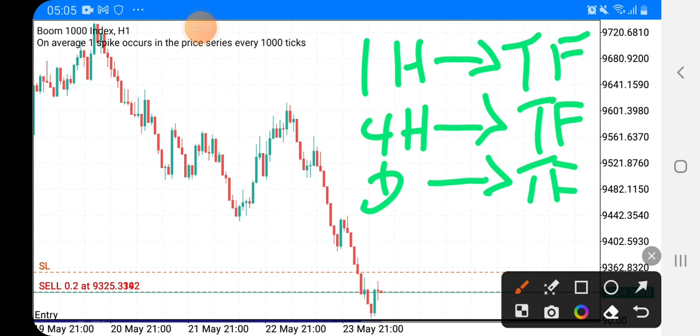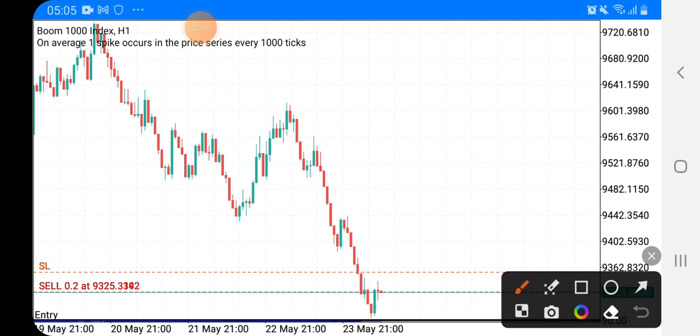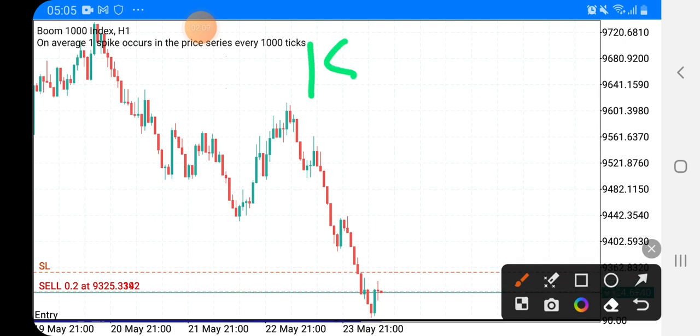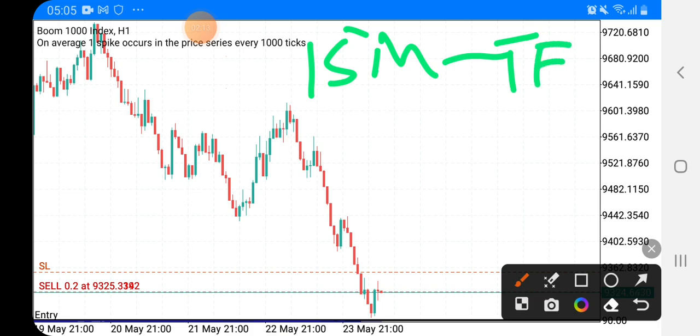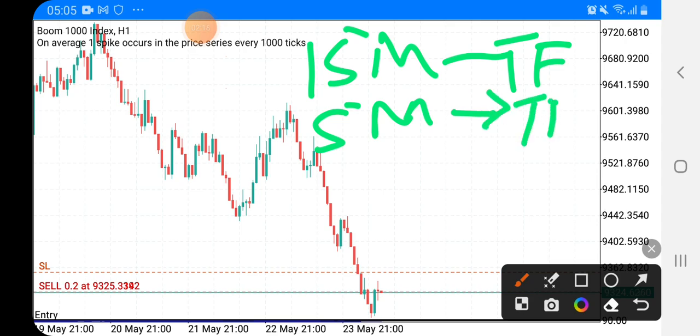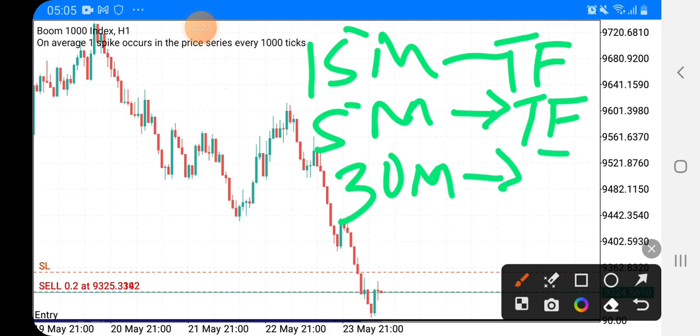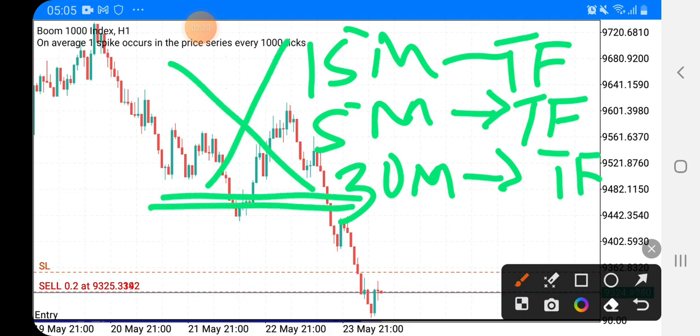You should never use maybe 15 minutes, or 5 minutes time frame, or maybe 30 minutes time frame for your candlestick pattern, guys. Please never use these time frames for candlesticks when you are trading boom and crash, guys. I mean boom and crash.